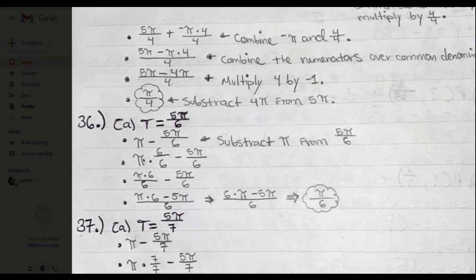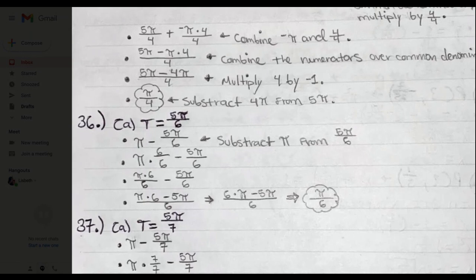Then we write pi as a fraction with the common denominator. Our denominator here is 6. So we put pi multiplied over 6 minus 5 pi over 6.